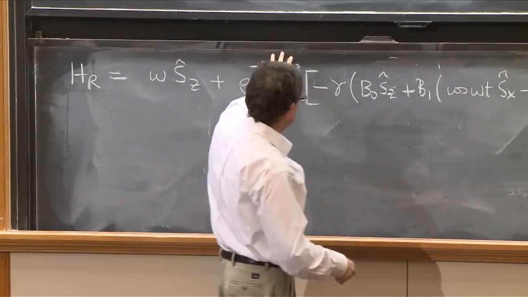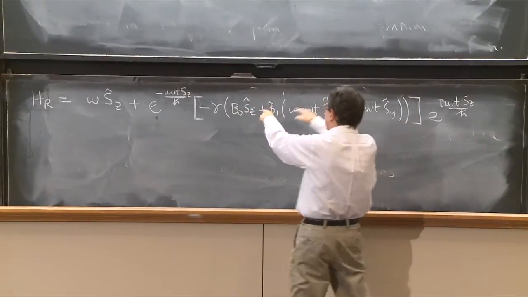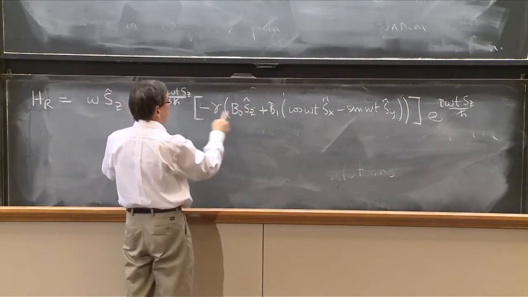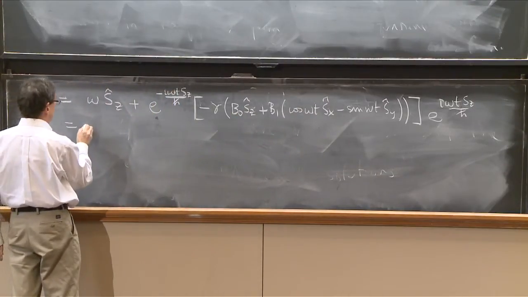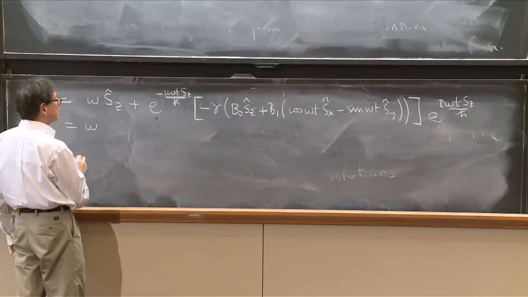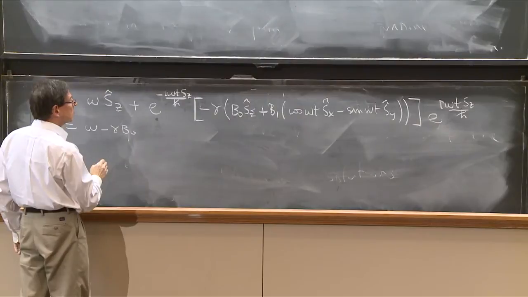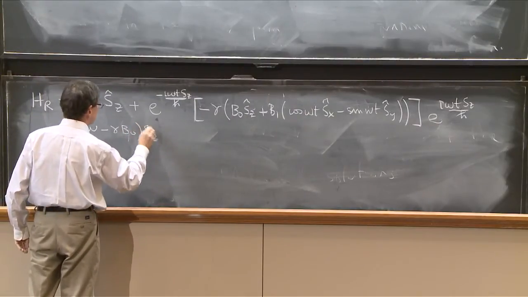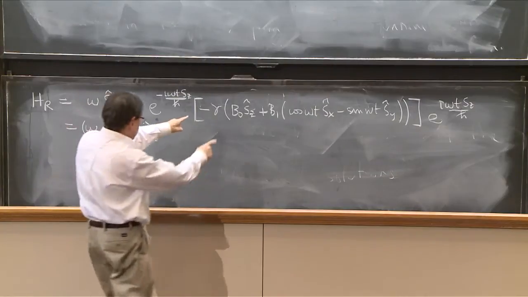Well, I have an S_z and an S_z, a similarity transformation here, but here is S_z. So that S_z doesn't care, and it can just go out. So what do we have? We have (omega minus gamma B_0) S_z hat, like that. Then the rest would be what?